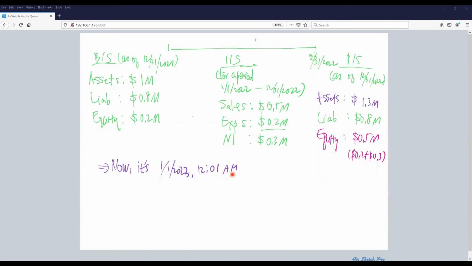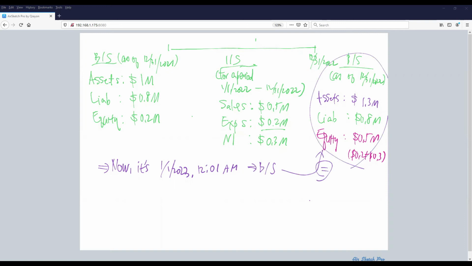When just 1 minute passed, what would be your beginning balance sheet? As we've discussed, it should be the same as before, right? Your balance sheet as of January 1st of 2023, when 1 minute passed, come on, it should be most likely the same as this balance sheet, right?